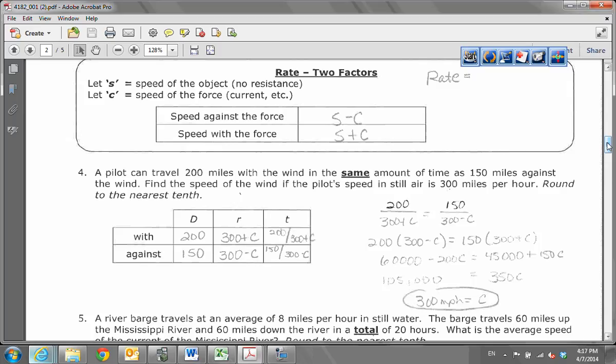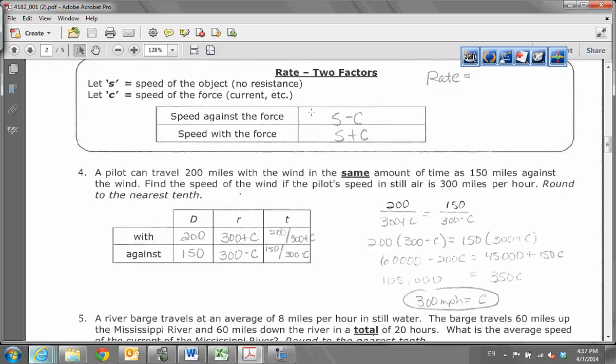So when we do all this, the pilot can go 200 miles one way with the wind, 150 against it. That's where our d equals 200 and d equals 150. The speed without the wind, with nothing, is 300. So with the wind it's 300 plus c, and against the wind, 300 minus c.